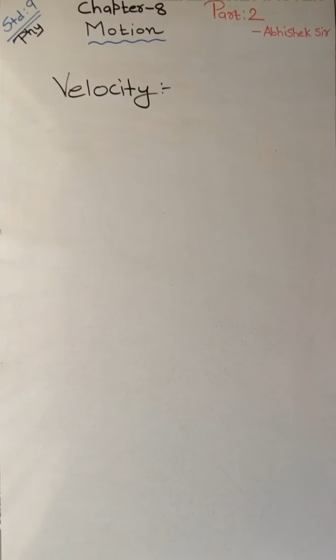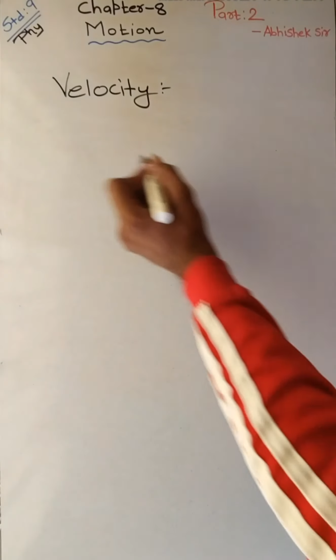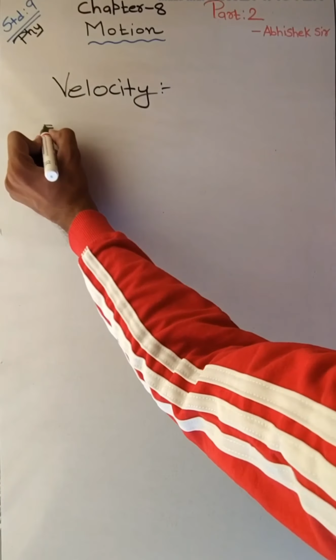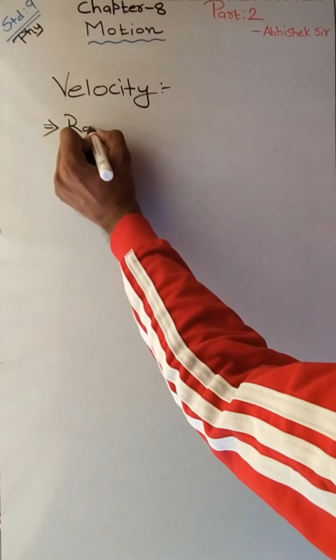Now, just like speed was used to determine the rate of motion, we have another physical quantity called velocity, which will also determine the rate of motion. The only difference is that in speed we took distance per time, but in velocity, first of all, what is velocity?